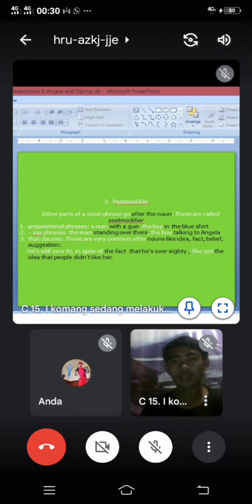These are called post-modifiers. Prepositional phrase: a man with a gun. The boy in the blue suit.